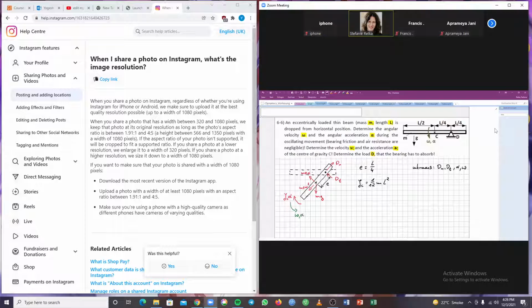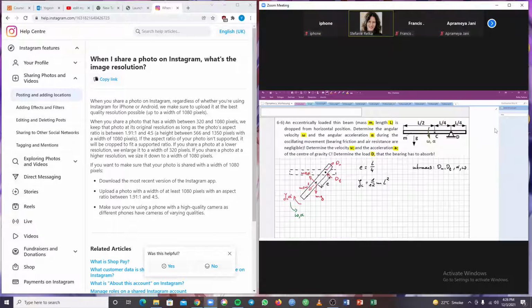Now we have 4 unknowns, but there are only 3 equations available, 3 equilibrium conditions that we can state for this system, meaning that we cannot solve the system for our unknowns. So we have to find another equation, a 4th equation, to be able to solve for all 4 unknowns.